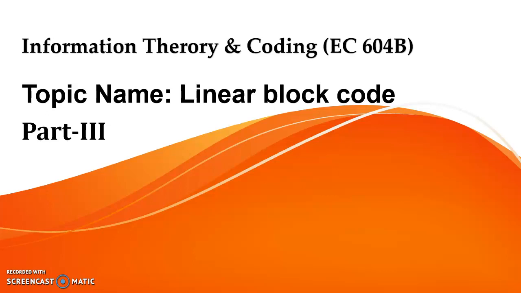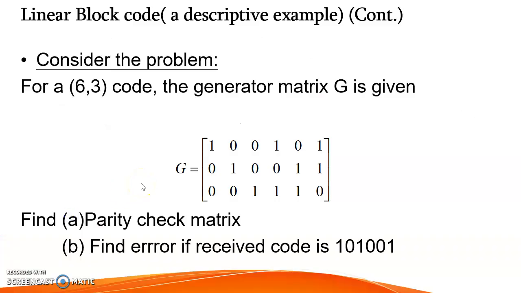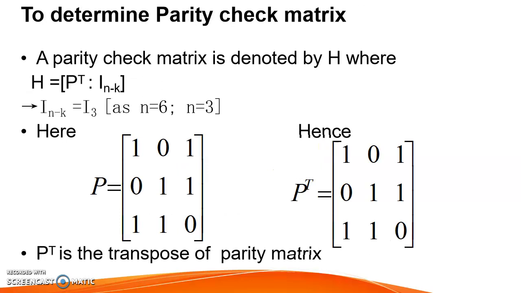In this section I will consider the next two questions, that is the parity check matrix: how we create a parity check matrix from the generator matrix, and if the received code is given to you, then we can identify the error, if present, in that code, and the original code word can be reconstructed. So first, to determine the parity check matrix, we have to consider the formula.